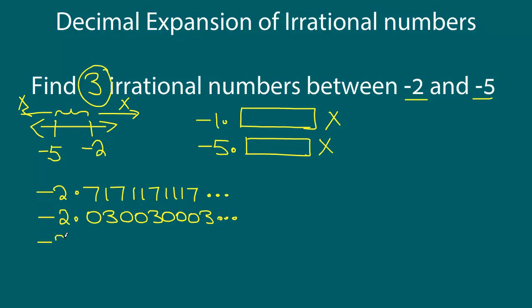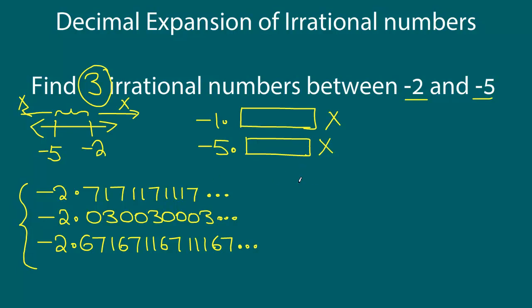For the third number, how about 6 7 1 6 7 1 1 6 7 1 1 1 6 7, and so on. So all three of these are valid irrational numbers between -2 and -5.